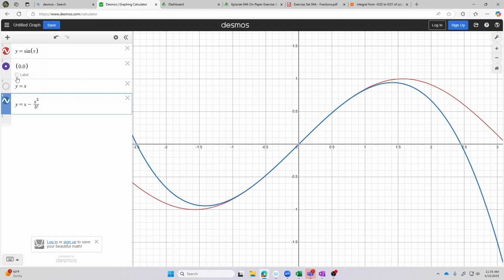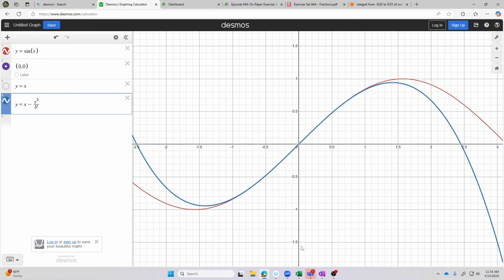And so what we can see is that compared to the linear approximation, which very noticeably broke away from the original function around x equals 1, the Taylor polynomial of degree 3 approximates sine of x much more effectively for a longer period of time.